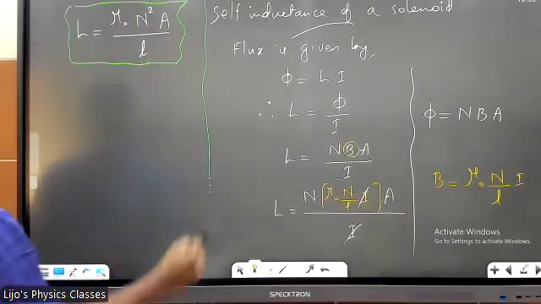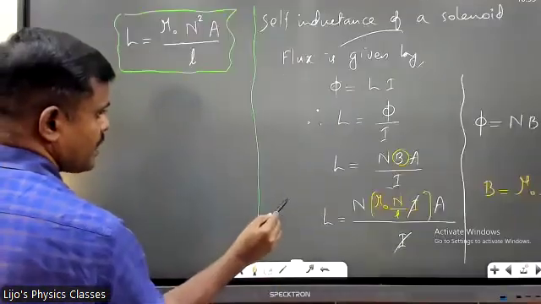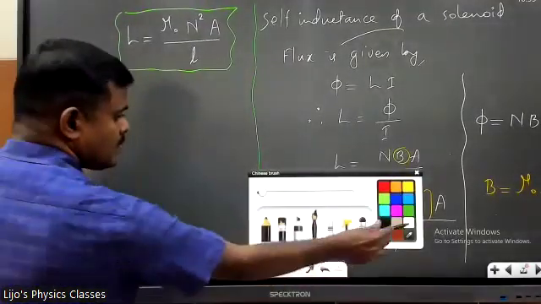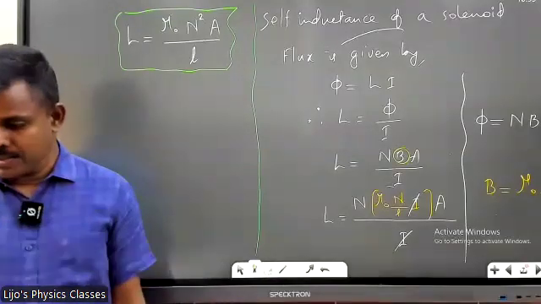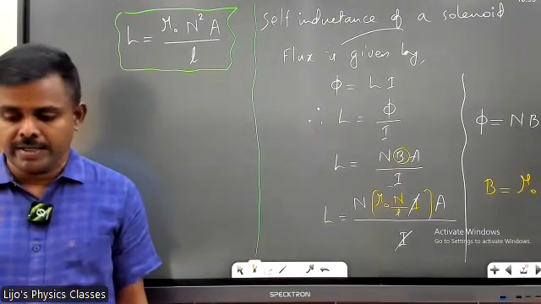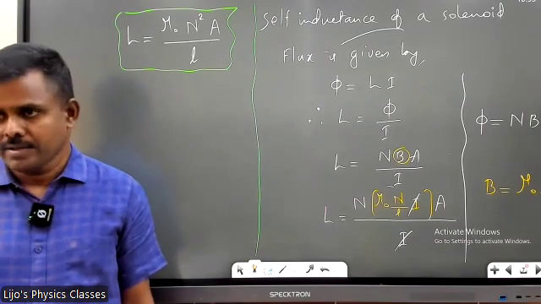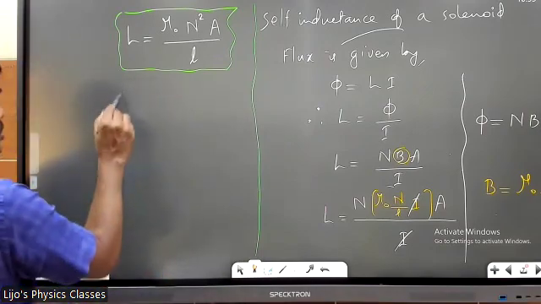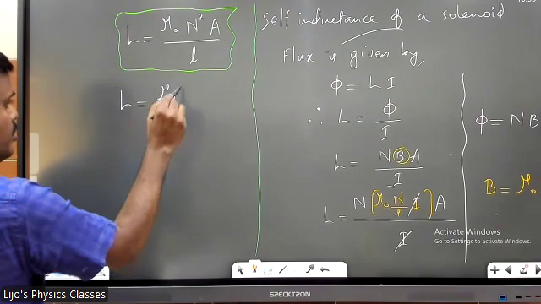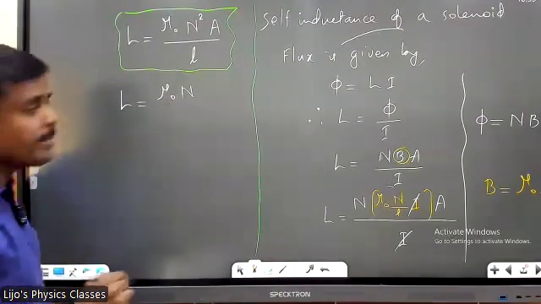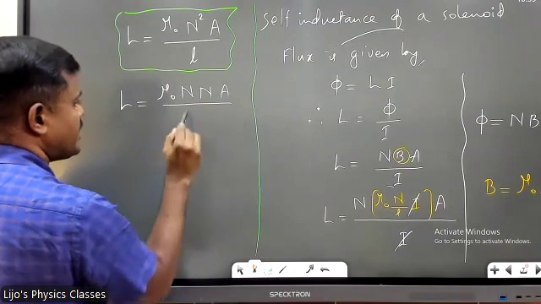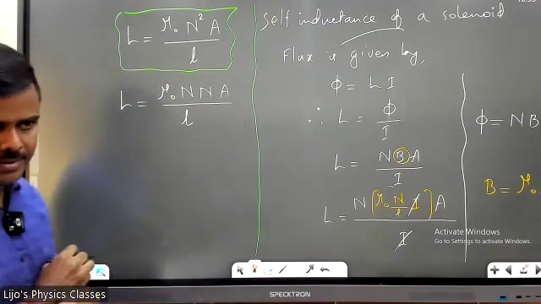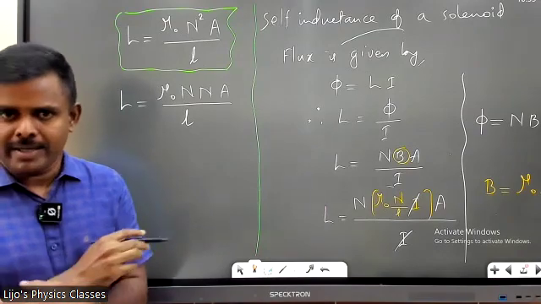This is the self-inductance of a solenoid. I'm not done yet. I'll modify this equation now. Self-inductance is mu 0 N square A divided by L. Also write this: L is equal to mu 0. What is N square? N square is N into N. I'm splitting it as N into N. I'm making a slight modification.